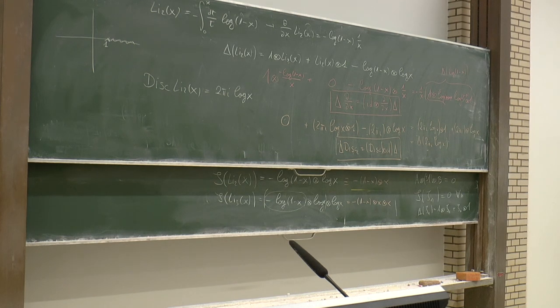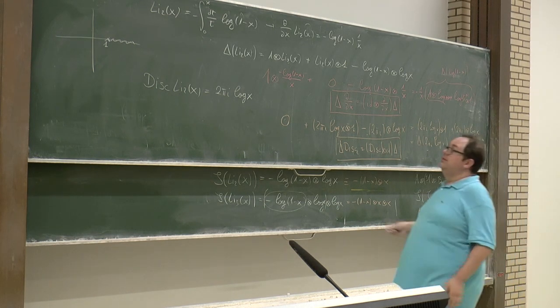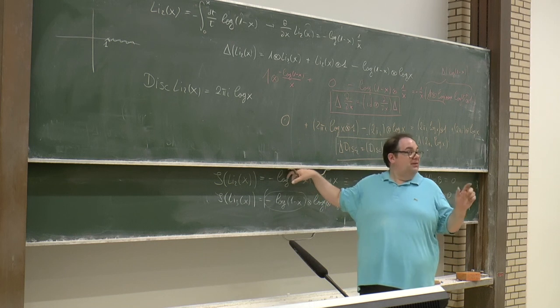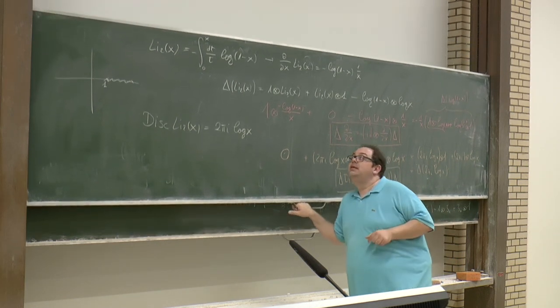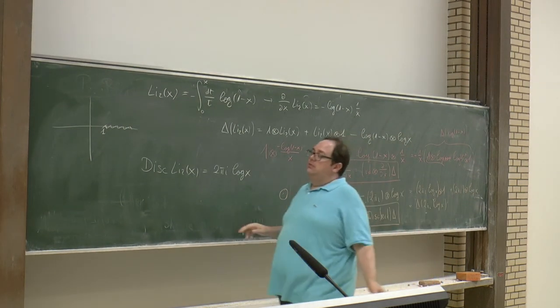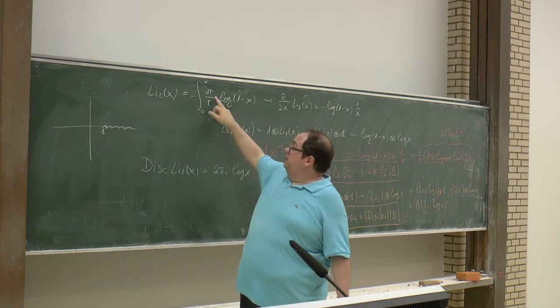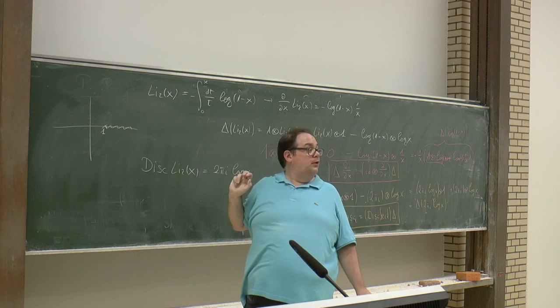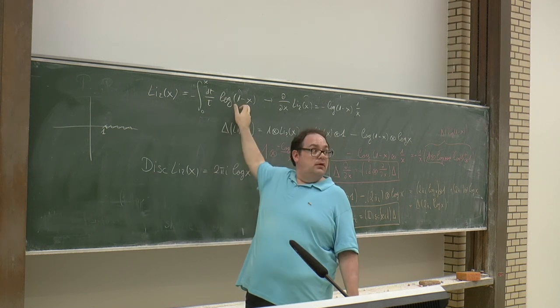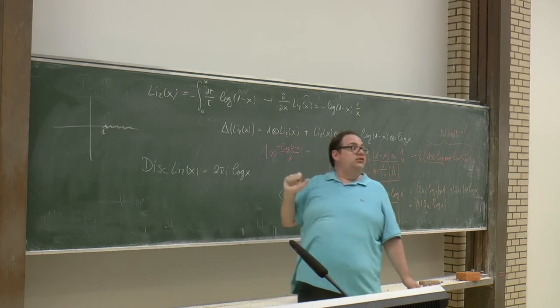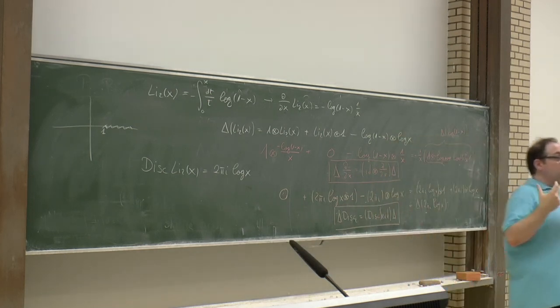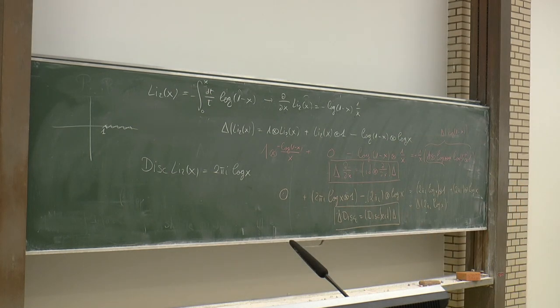Well, I'm now giving a very hand-wavy reason for that. You have a branch, so here you have two singularities in principle, at 0 and at 1, in the integral. We said in the very first lecture that discontinuities, you should really think of them as residues.